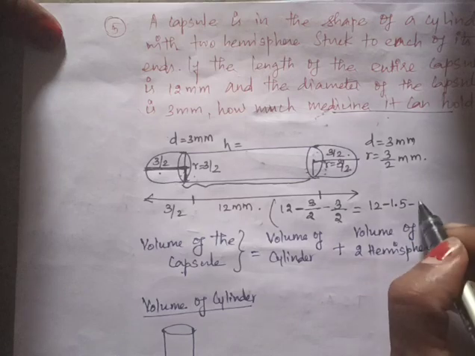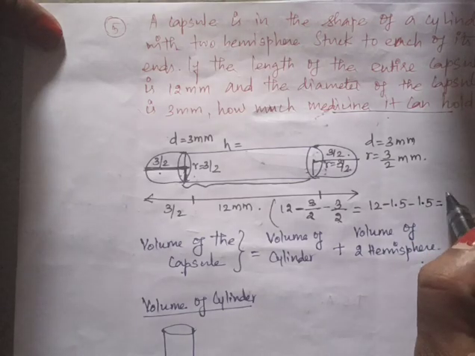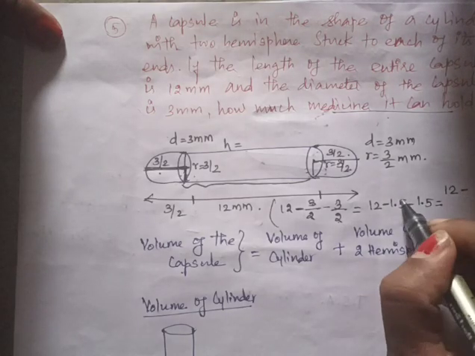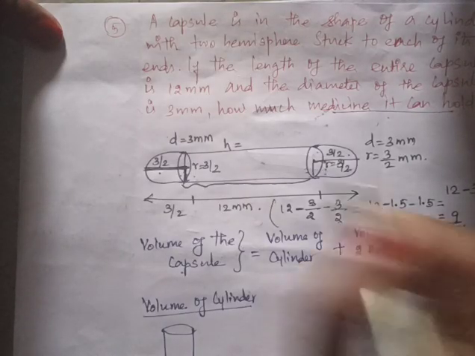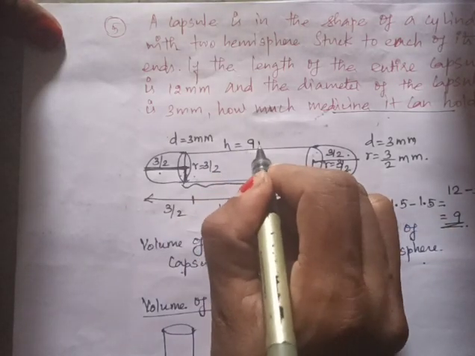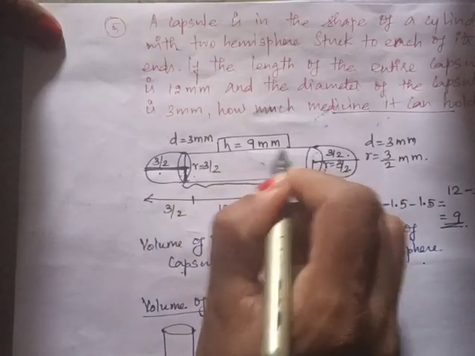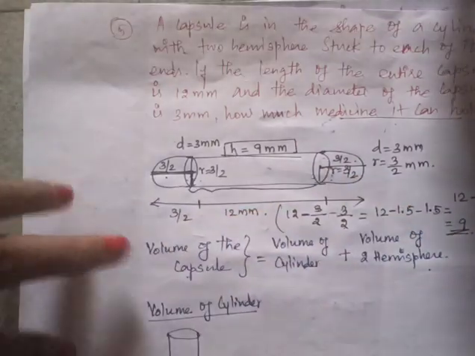Again 3 divided by 2, 1.5. 12 minus 1.5 plus 1.5, 3, is equal to 9. So 9 millimeter is the height of the cylinder.